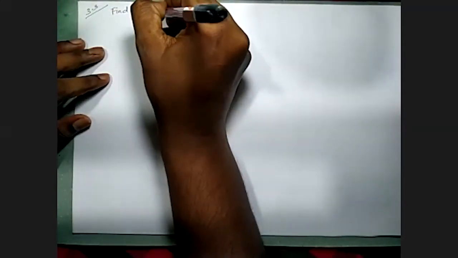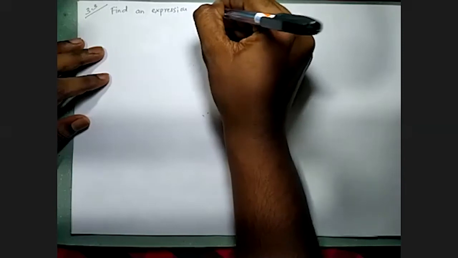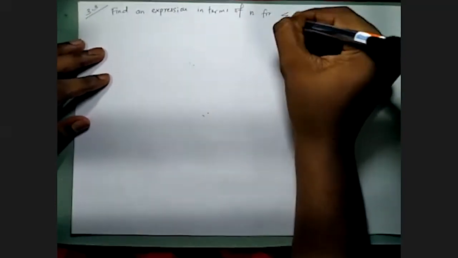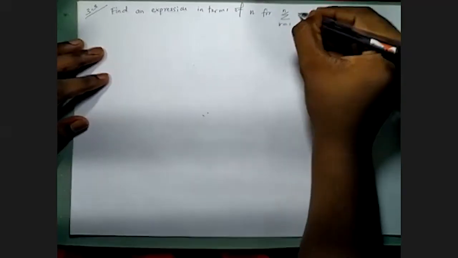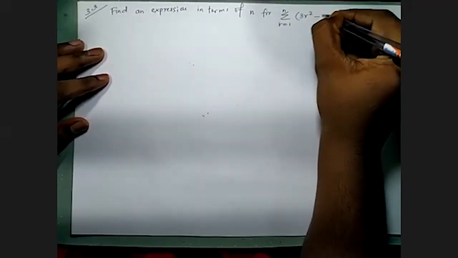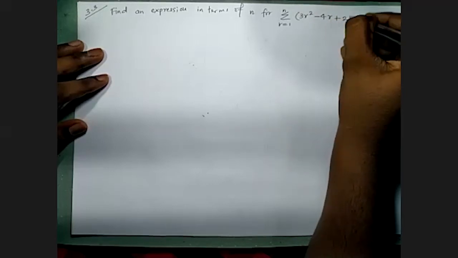Now keep in mind that theorem, that answer. Let's take example 3.3. There they have given, find an expression in terms of n for this: sigma r equals 1 to n of 3r square minus 4r plus 2.